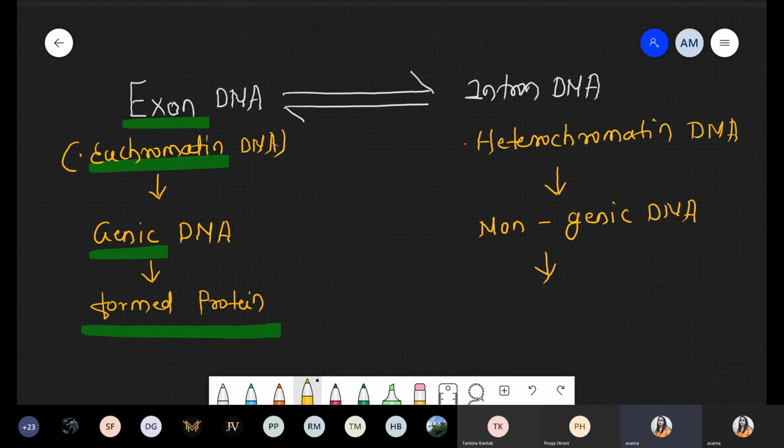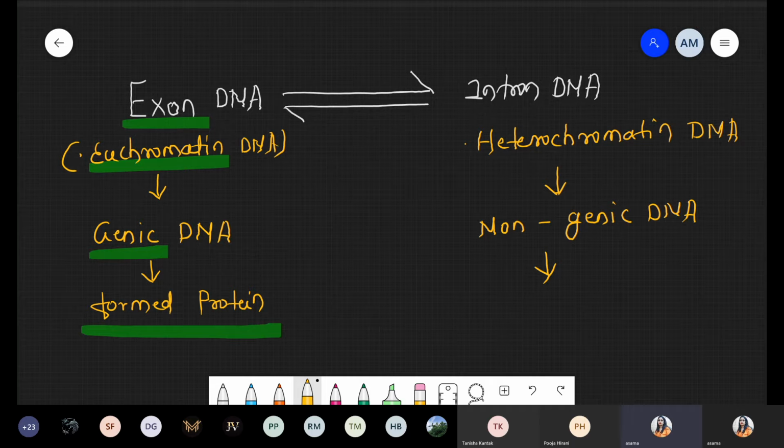I think in the evolution chapter you already discussed that in our body there is a presence of pseudogenes, right? Those pseudogenes are present in heterochromatin form, toward the telomere region, which means at the end of the chromosome. Pseudogenes are a part of our chromosome, but they never undergo expression.